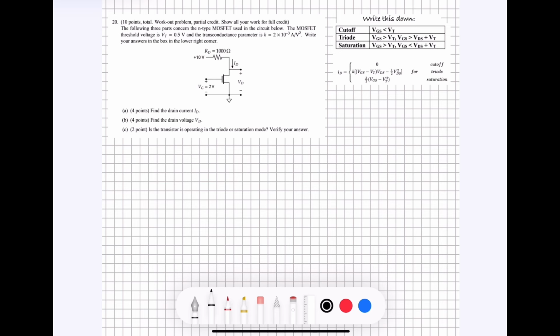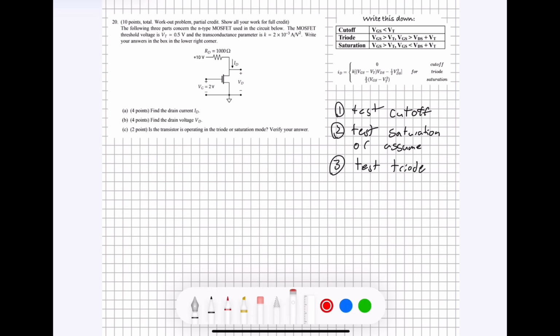This problem tells us that this transistor is not in the cutoff mode, but normally what we would do is we would test for the cutoff mode, then we would test for saturation, or we would assume saturation and then try to solve for that. And then the third thing we would do is test for triode mode.